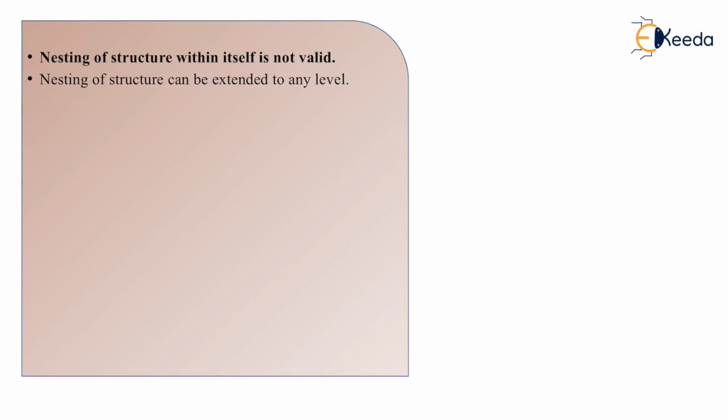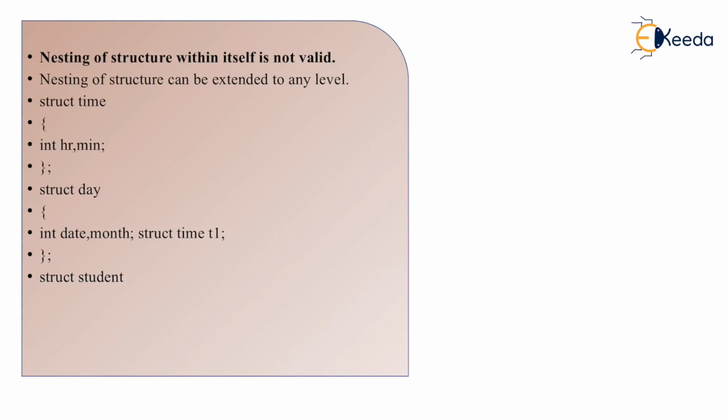Nesting of a structure can be extended to any level. For example, struct time, with int hr and min. Then we are creating another structure, day. For that we have created two variables, date and month, and for the day we are calling struct time, which is the previous one. And struct student, name. Inside this we are calling the day structure, and we have created two variables.